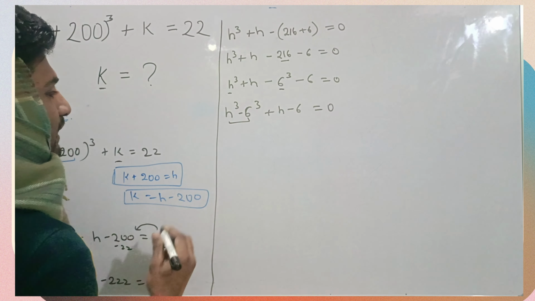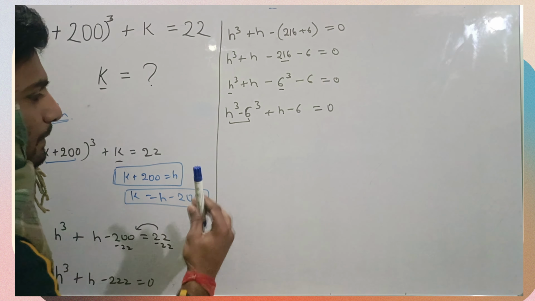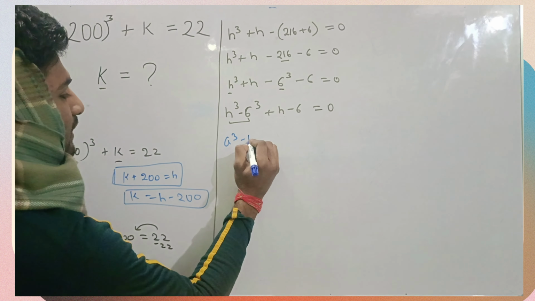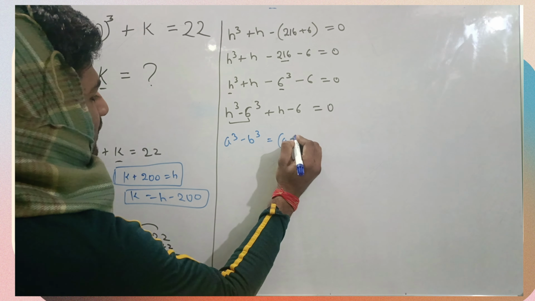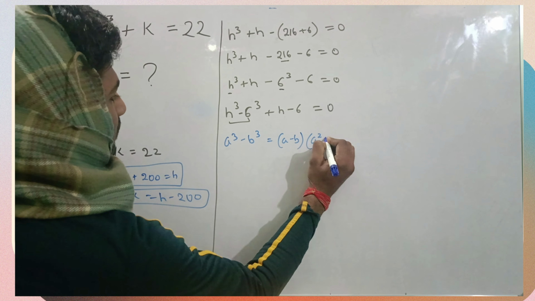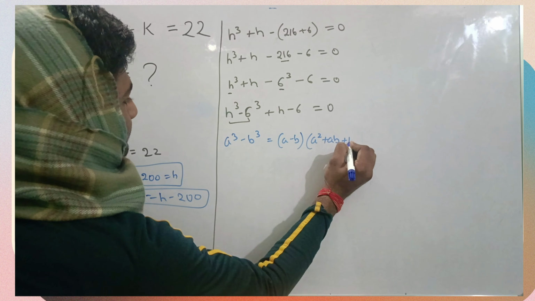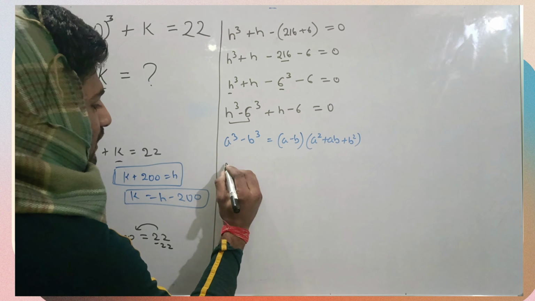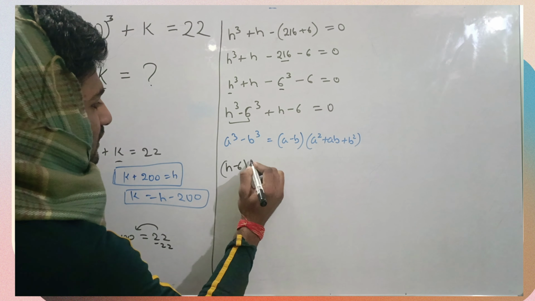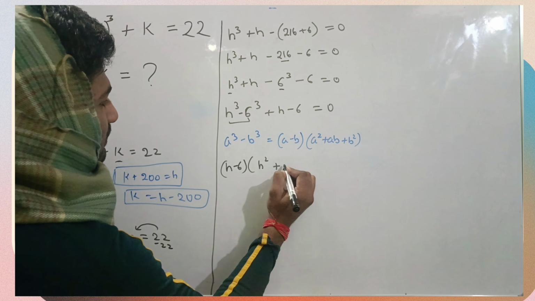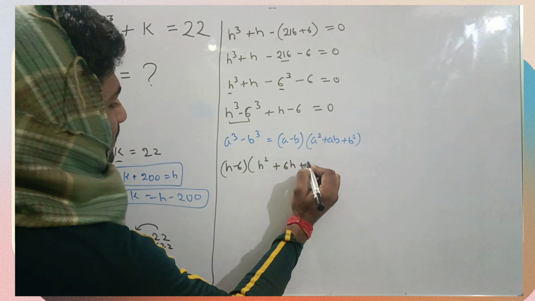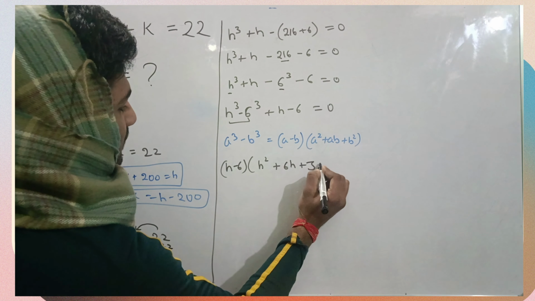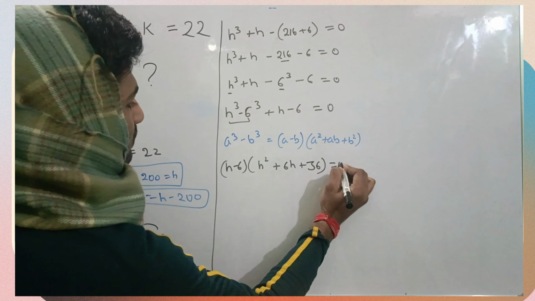The a cubed minus b cubed expansion is a minus b times a squared plus ab plus b squared. Using this we get h minus 6 times h squared plus 6h plus 6 squared, which is 36, is equal to 0.